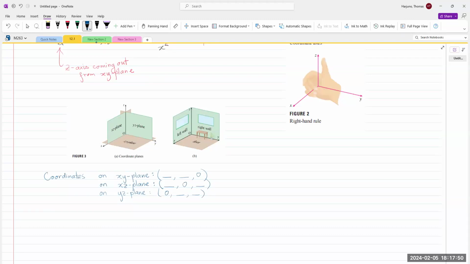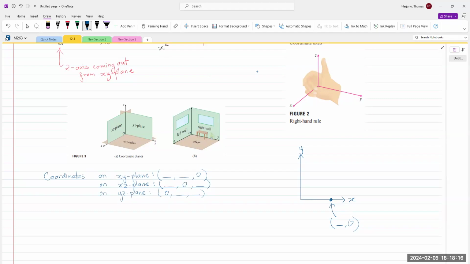Okay, let's look back at our two-dimensional system. If you have a coordinate on the x-axis, what is 0? Then the y component must be 0, right? Does it make sense for you?